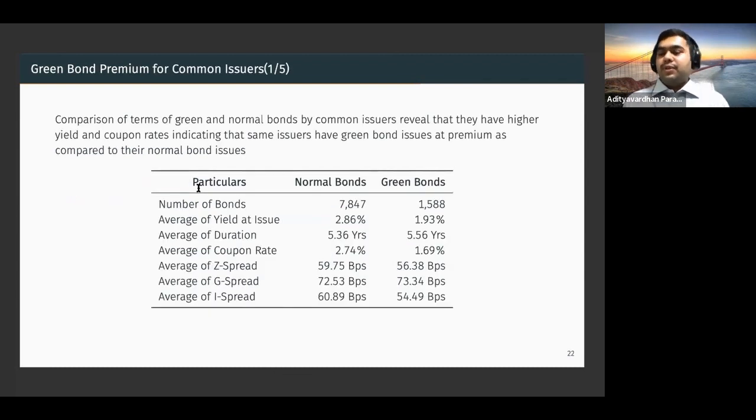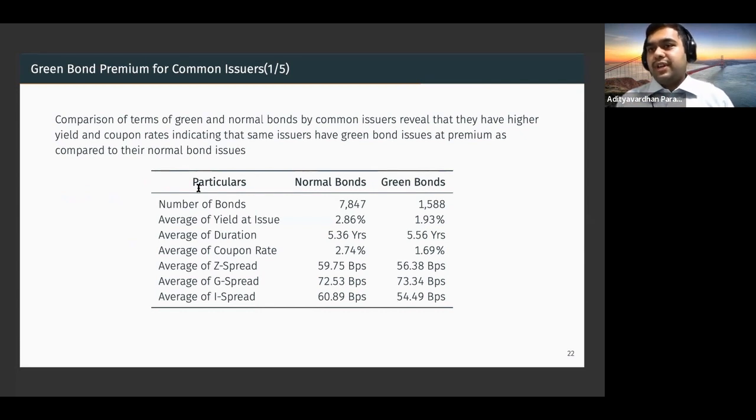After finding out that green bonds have a premium as compared to normal bonds, and that the premium is primarily a result of the interest expenses or lower coupon rates as compared to normal bonds, we turn our study to the common issuers, to see whether this trend is there for common issuers as well.